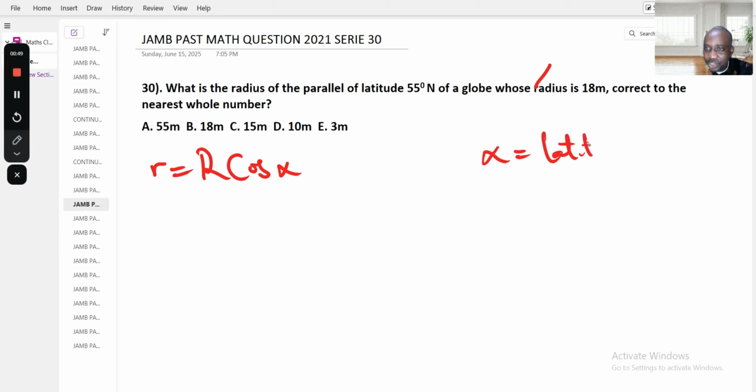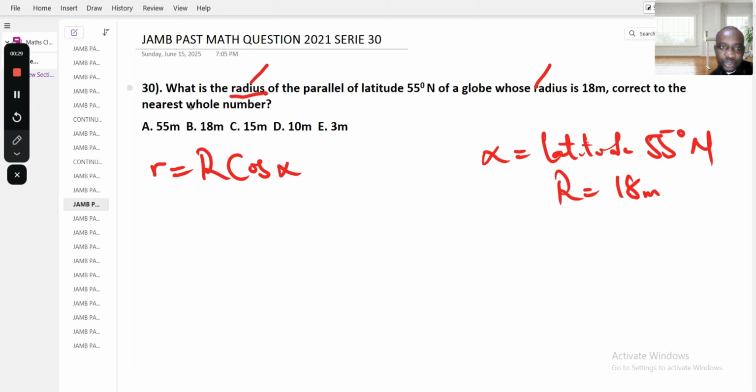What is our latitude there? Our latitude is 55 degrees north. Now the big radius, the globe radius, is 18 meters, and the small radius is this one. The question is asking us, what is the radius of the parallel of the latitude?